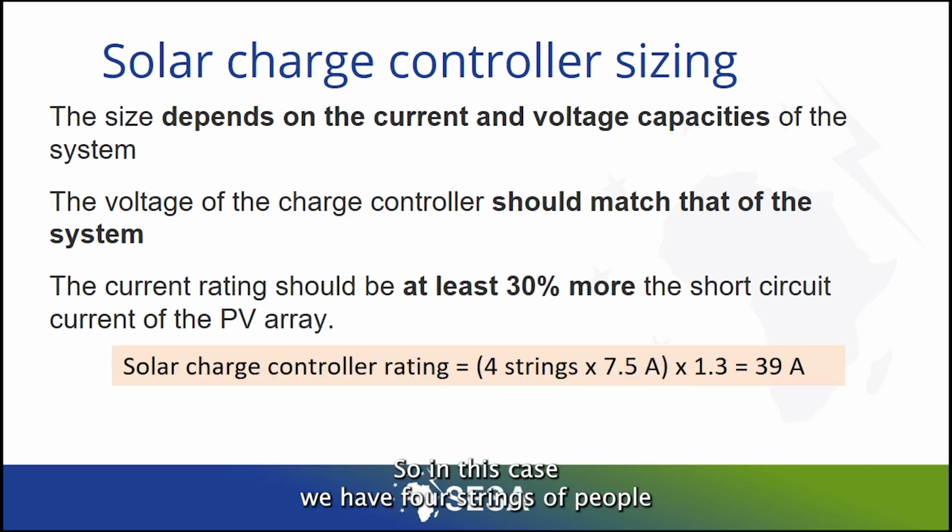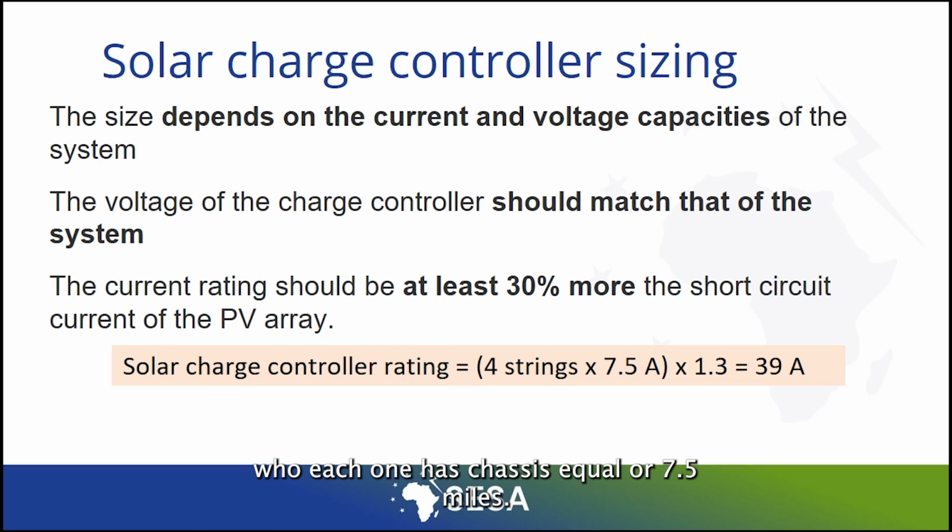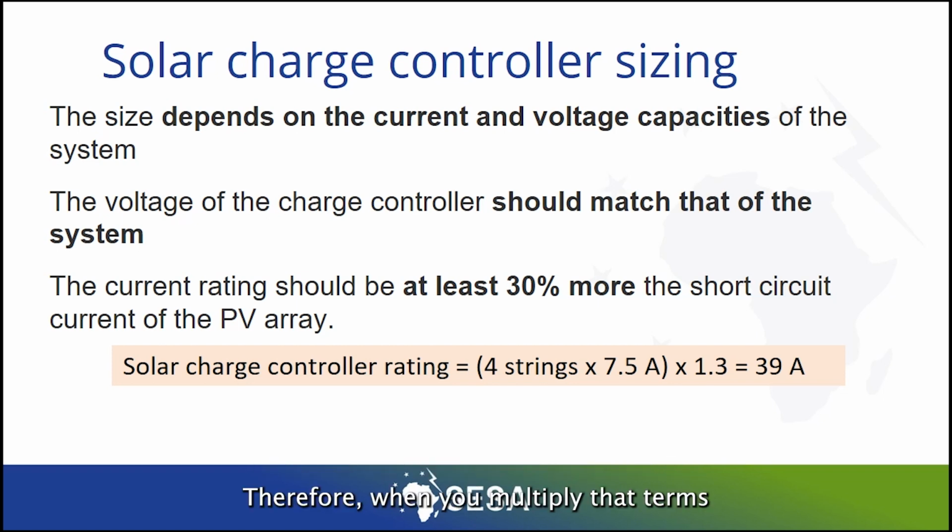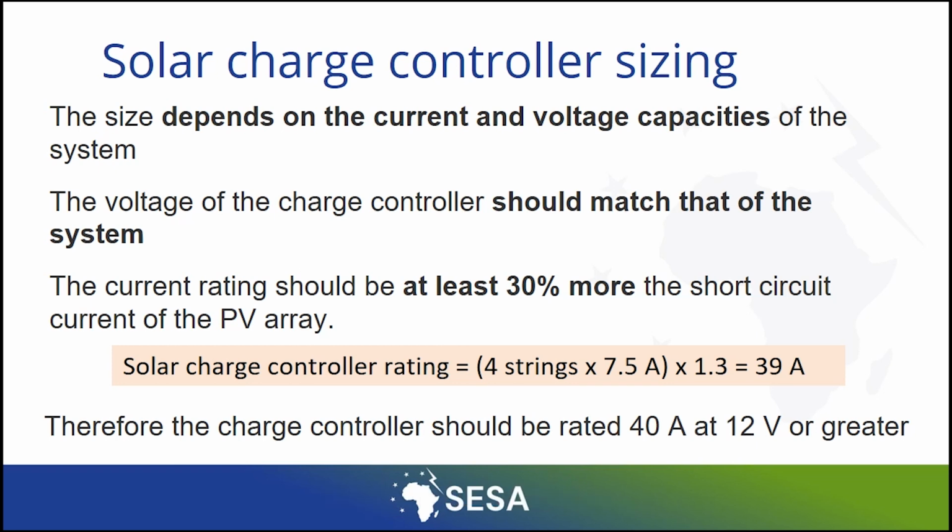So in this case, we could have 4 strings of PV panels, and each one has a short circuit current of 7.15 amps. Therefore, when you multiply that by 1.3, we have 39 amps. So the charge controller that we need should be rated at least 40 amps at 12 volts or greater.